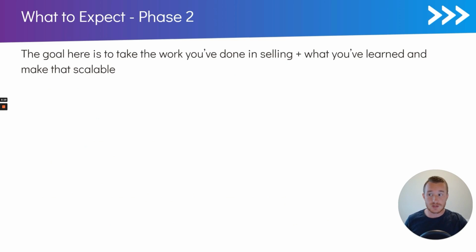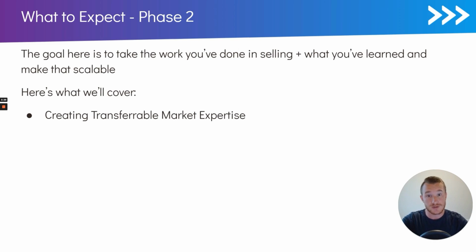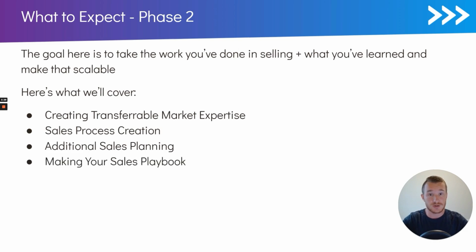So moving into phase 2, the goal of phase 2 is to help you take the work that you've done in selling and what you've learned and make that scalable. Like we said, building systems and processes around everything that we've done. So what we'll cover is creating transferable market expertise, sales process creation, additional sales planning, and then making your sales playbook.